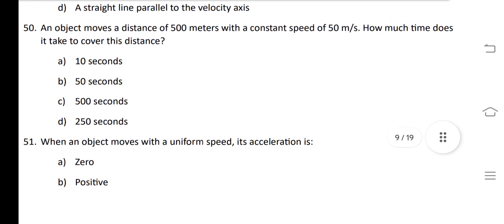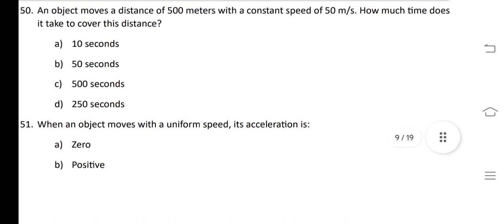It means the object is covering 50 meters in each second. In first second, object has covered 50 meters. In 2 seconds, object has covered 100 meters. In 3 seconds, object will cover 150 meters. So 500 meters will be covered by the object in 10 seconds.